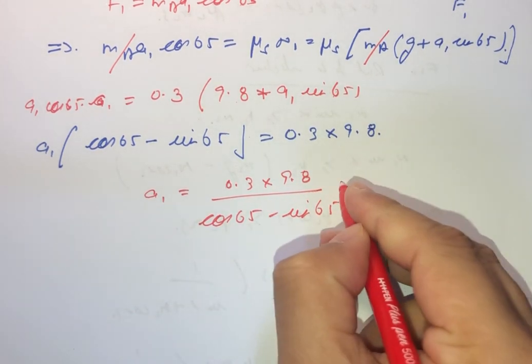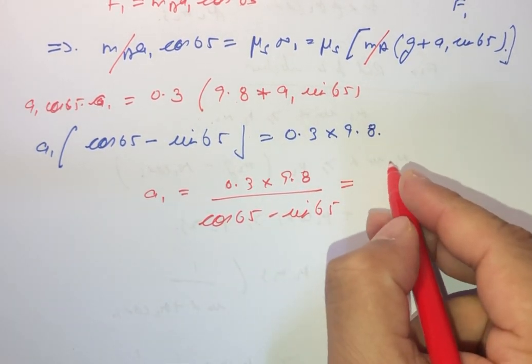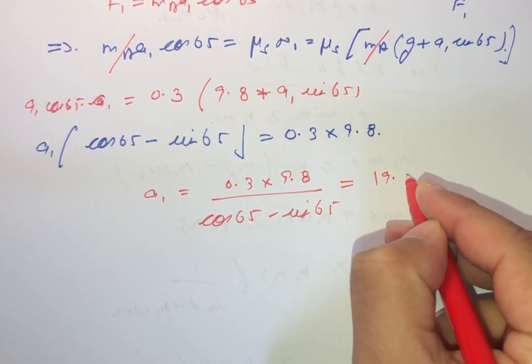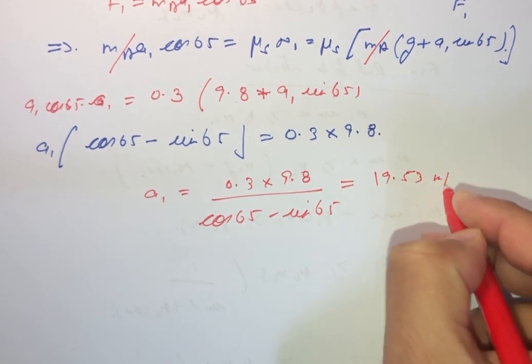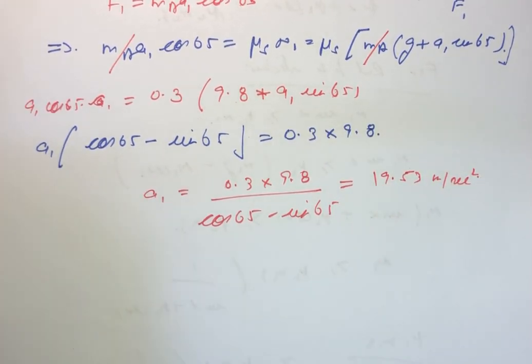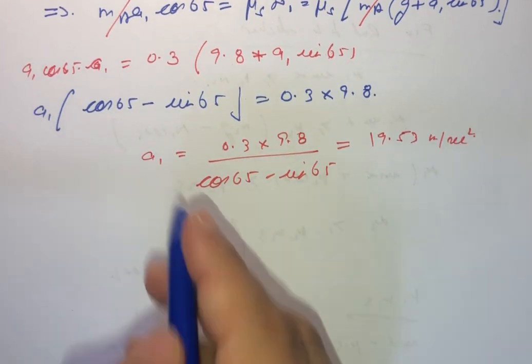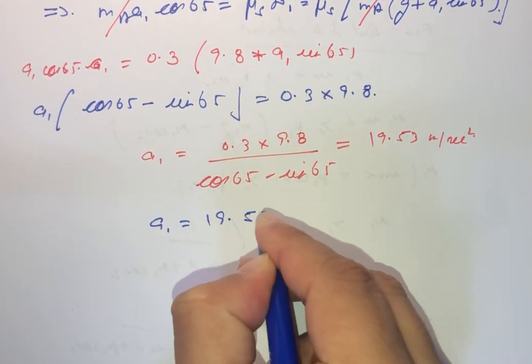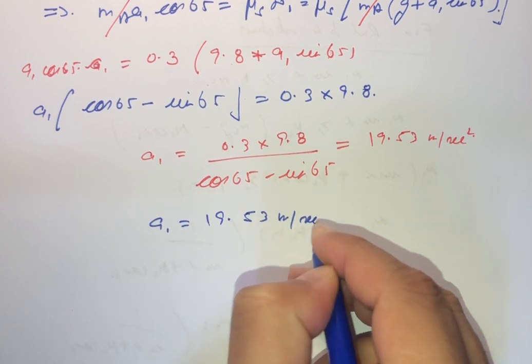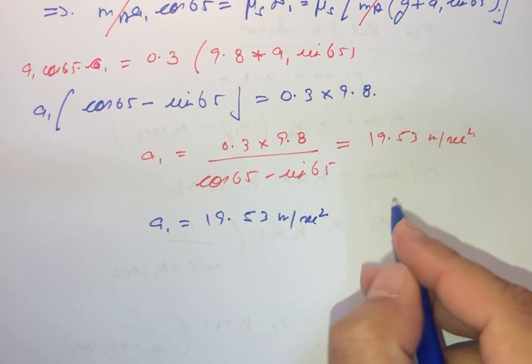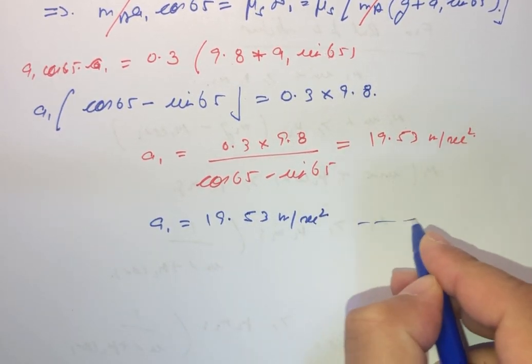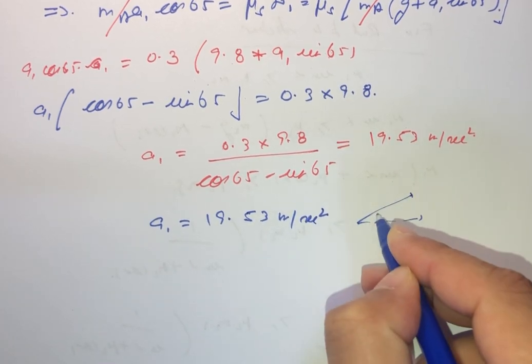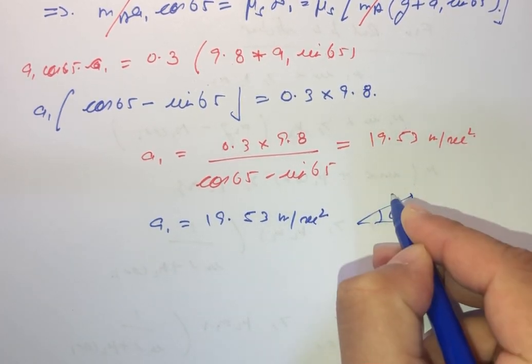So this comes out equal to 19.53 meters per second squared. We can say that A1 is equal to 19.53 meters per second squared, and it will be at an angle of 65 degrees. This is your A1.